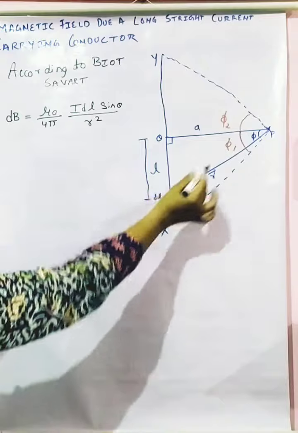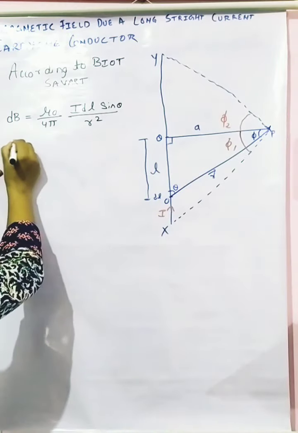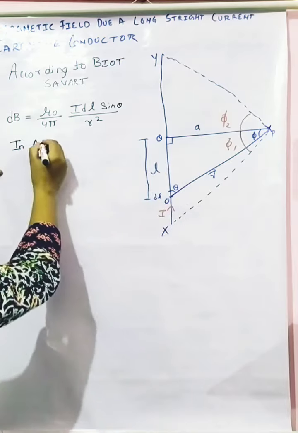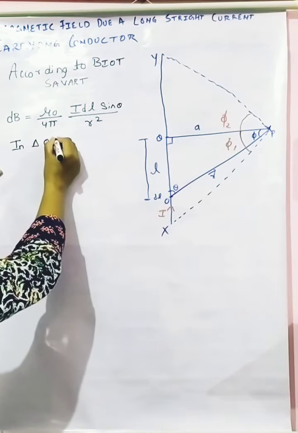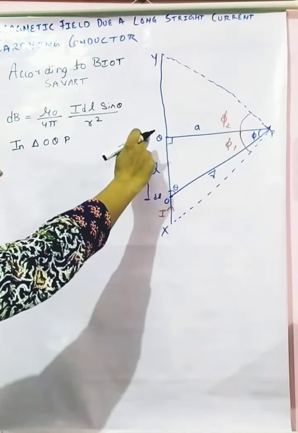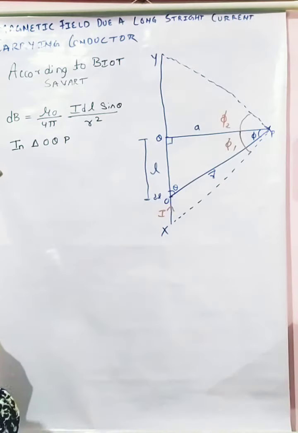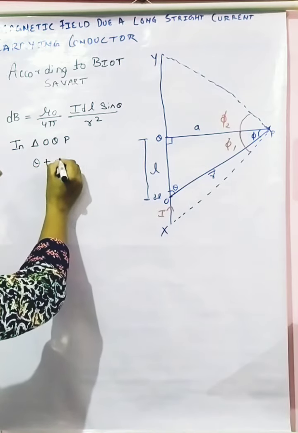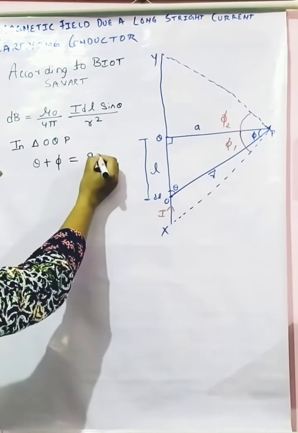So here you find one right angle triangle, OQP, right angle triangle OPQ. So angle Q is 90 degree. What I can write here is theta plus phi gives me 90 degree, correct?